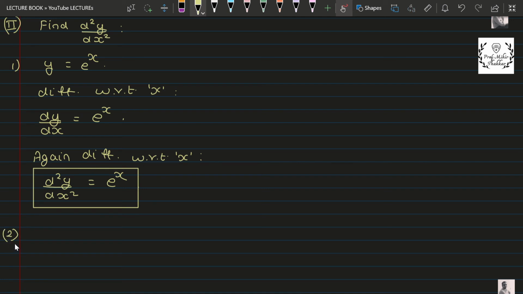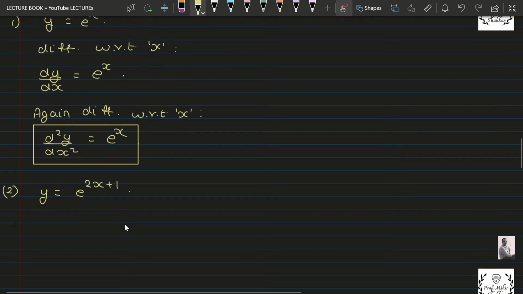Let us understand the sum number 2. It's a similar sum. I have y is equal to e to the power 2x plus 1.